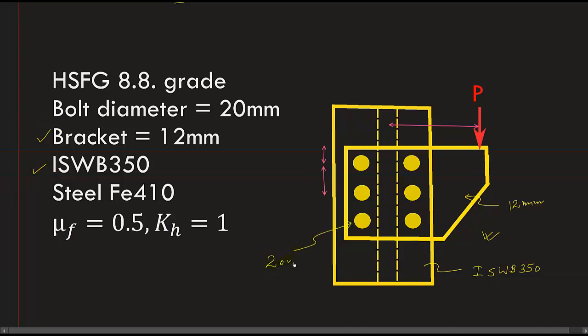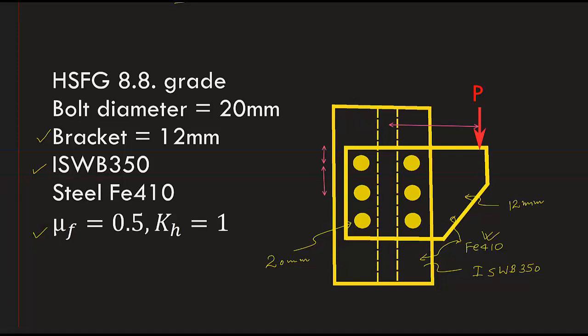The grade of this plate as well as this material are both assumed to be Fe410. Friction coefficient mu f is given, kh value is given. So these are the constants that are given. Bolt grade is also given, that is bolts of grade 8.8.